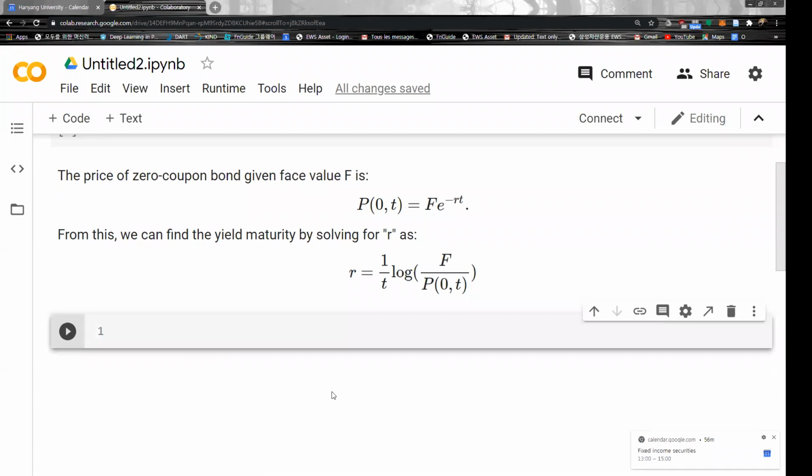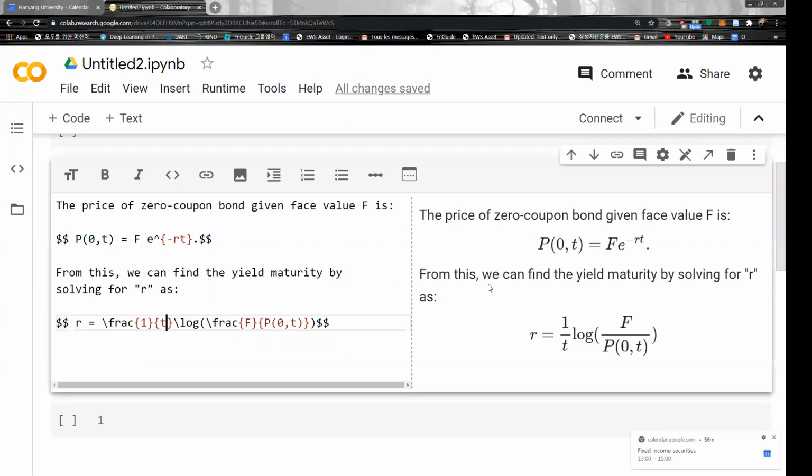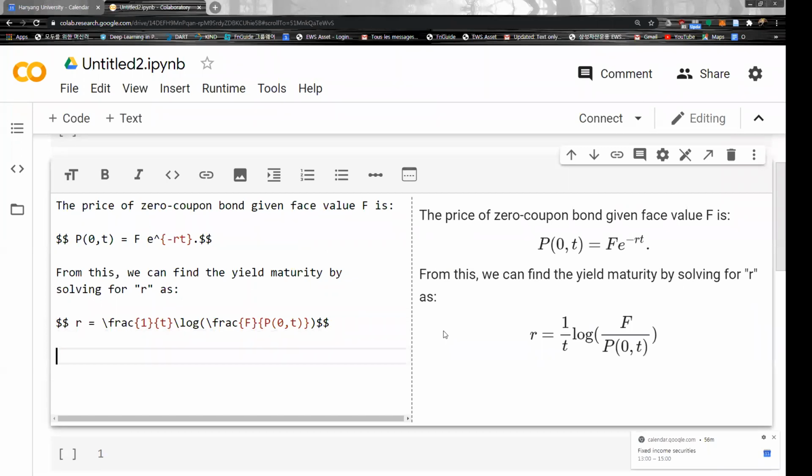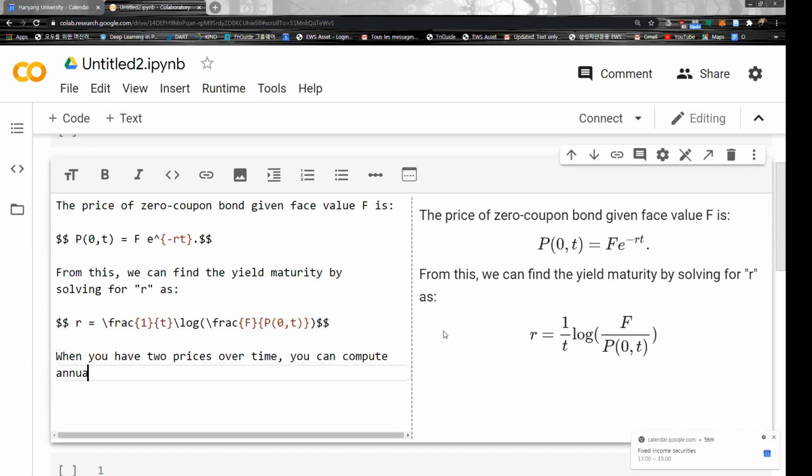More generally, this is straightforward. Actually, we can find a more general one, the annualized return. When you have two prices over time, you can compute the annualized return.